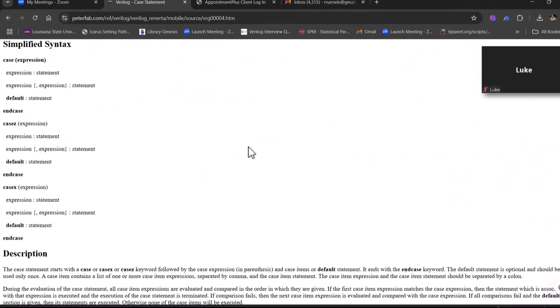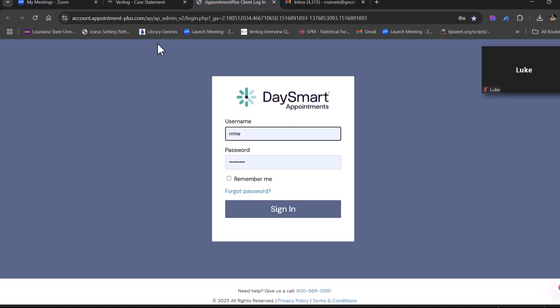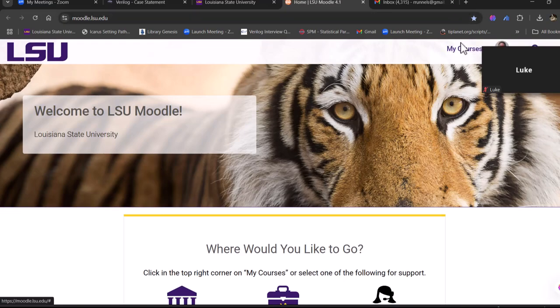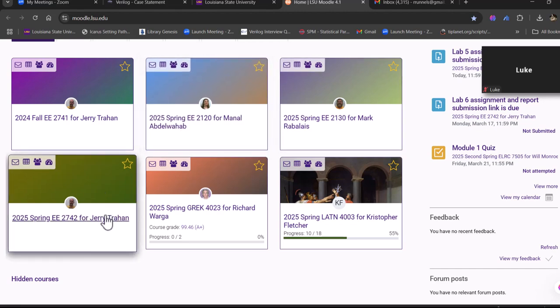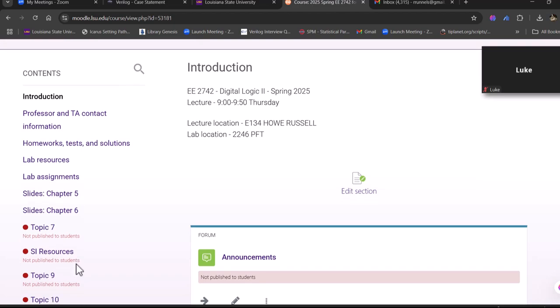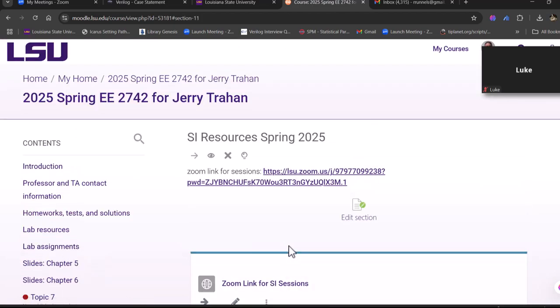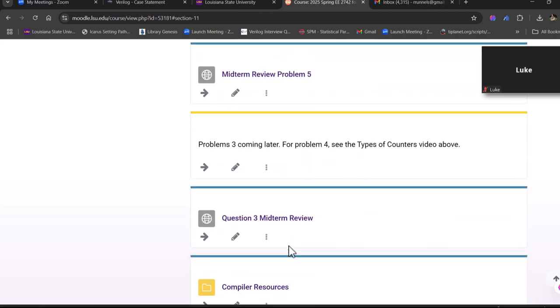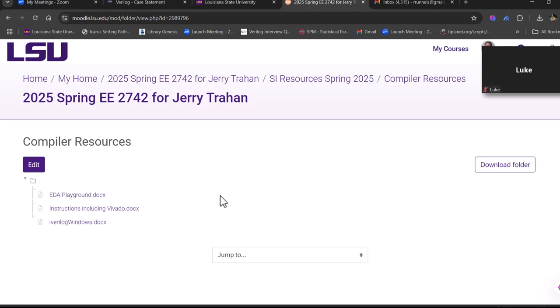If you look in your SI resources, down at the bottom, right above the worksheet for today, I have some compiler resources.